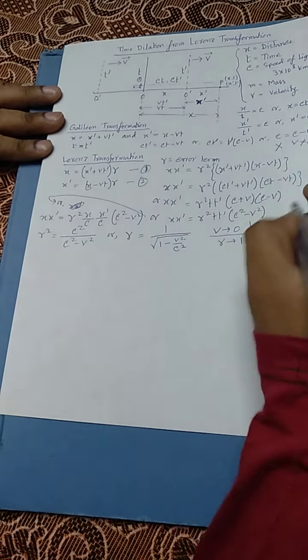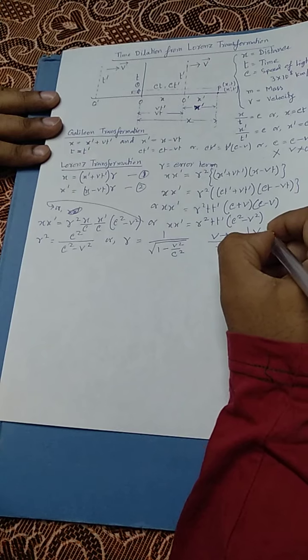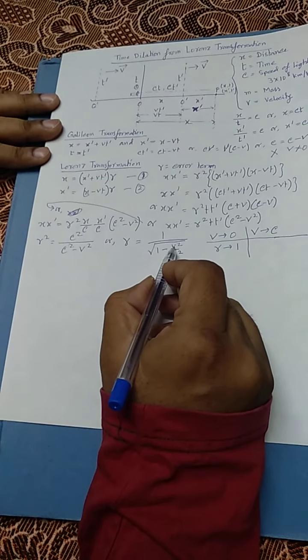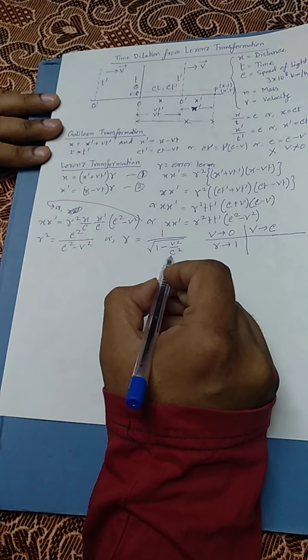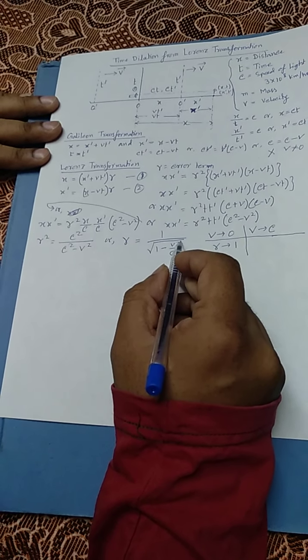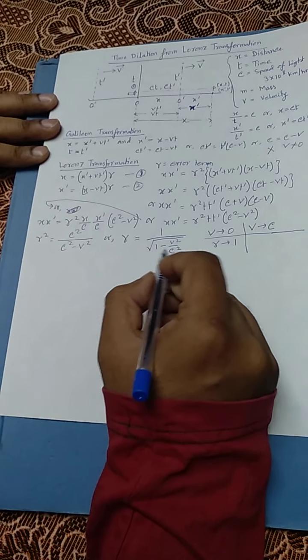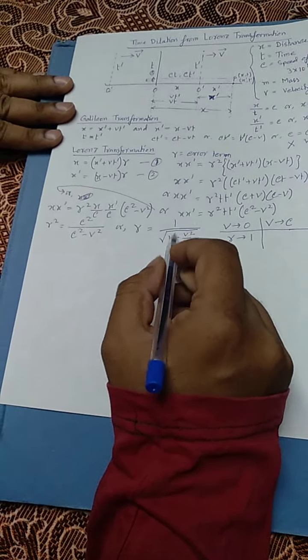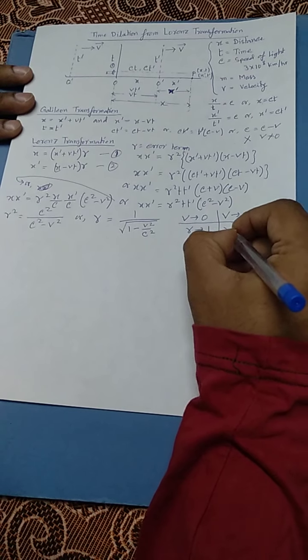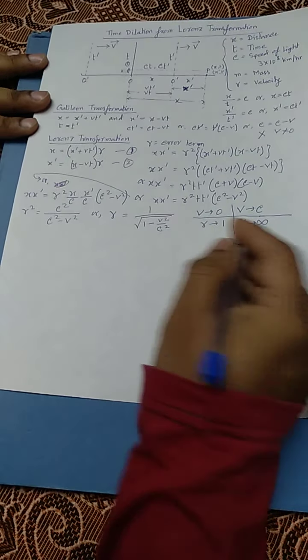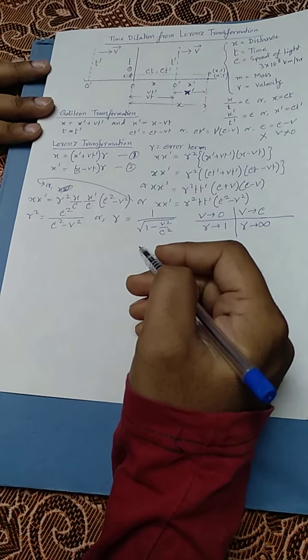So gamma becomes 1. If v approaches the velocity of light, if I put v equal to c here, c square by c square becomes 1, so 1 minus 1 equal to 0. Now the denominator is going to be 0, so 1 by 0 is equal to infinity. So gamma approaches infinity. This is the property of gamma.